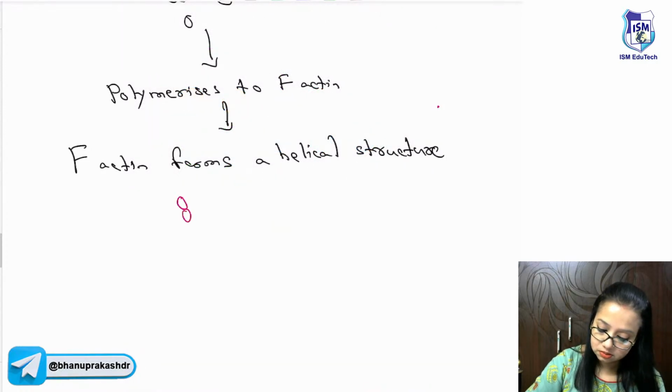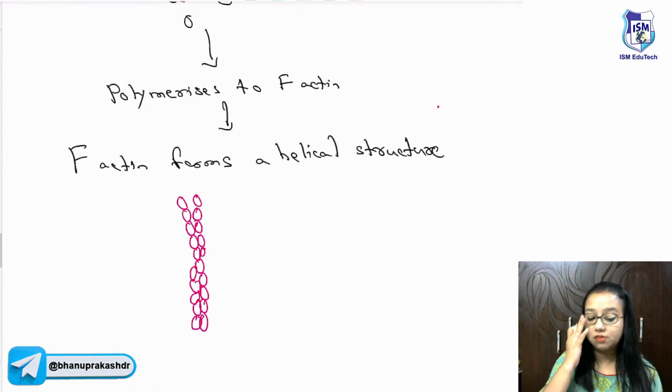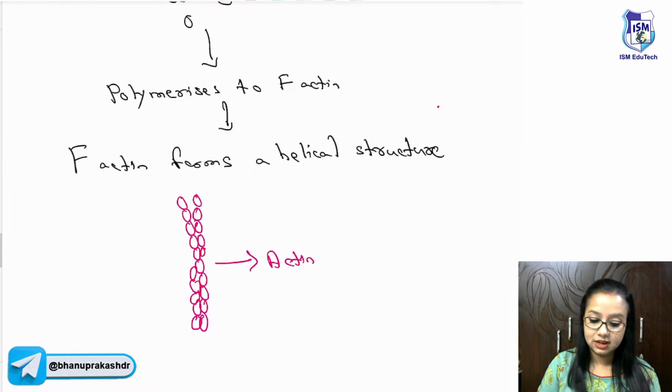So this is a helical structure of F actin. So this is a polymerized actin protein which is contractile in nature.